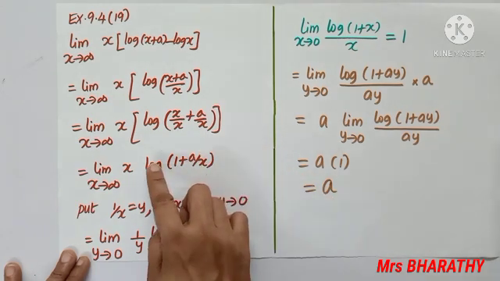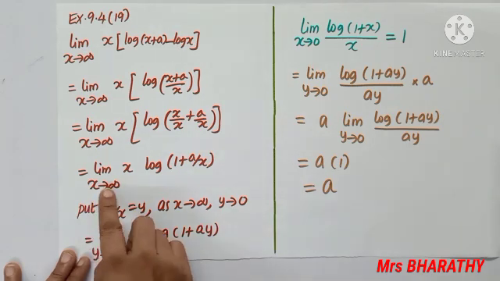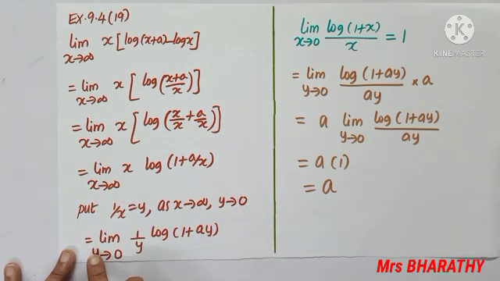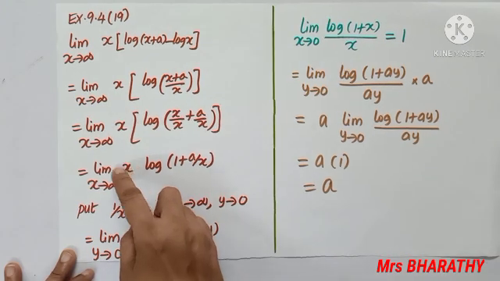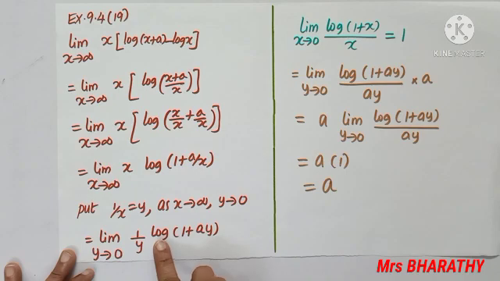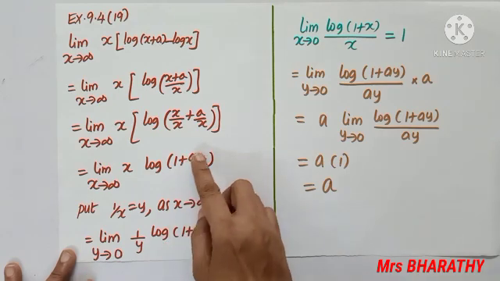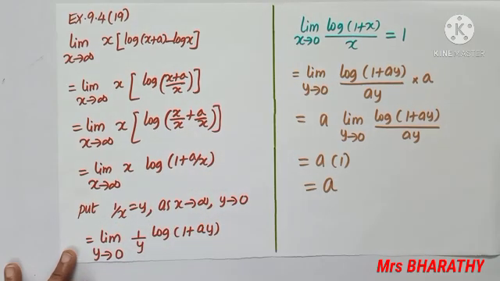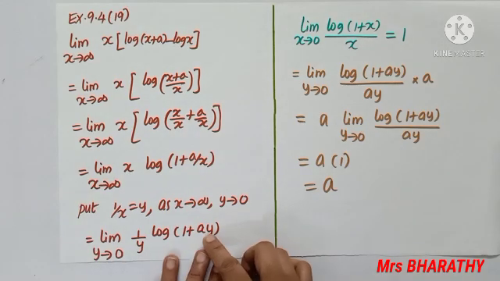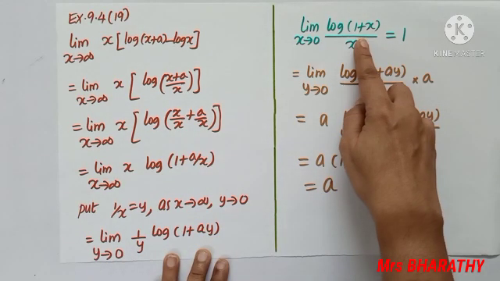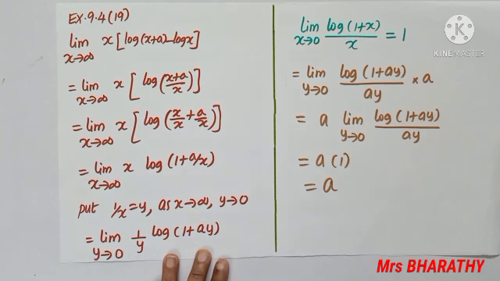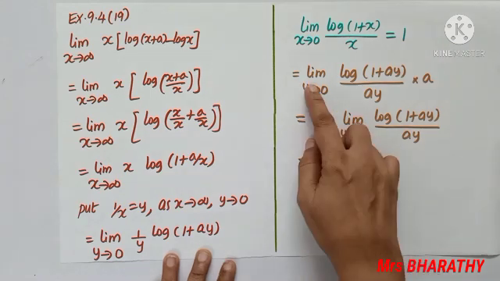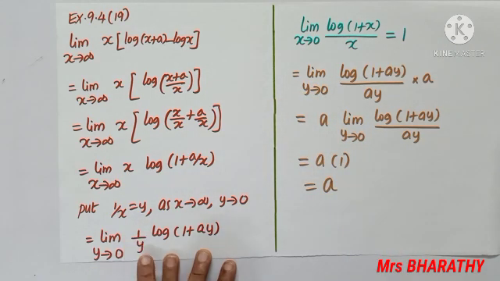Putting all this back in the question. X tends to infinity, I write y tends to 0. X is 1 by y. Log 1 plus a, 1 by x is y. Now this reduces to this formula exactly. So I can put limit y tends to 0, 1 by y log of 1 plus ay.